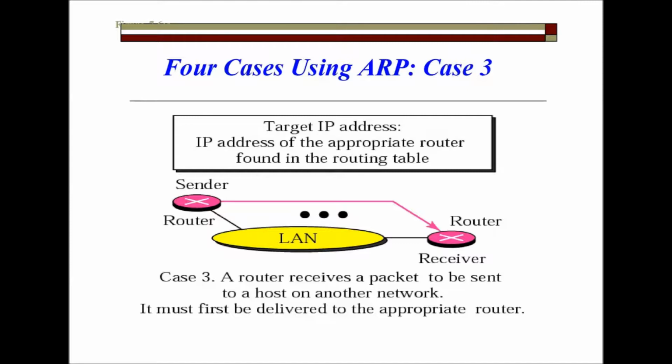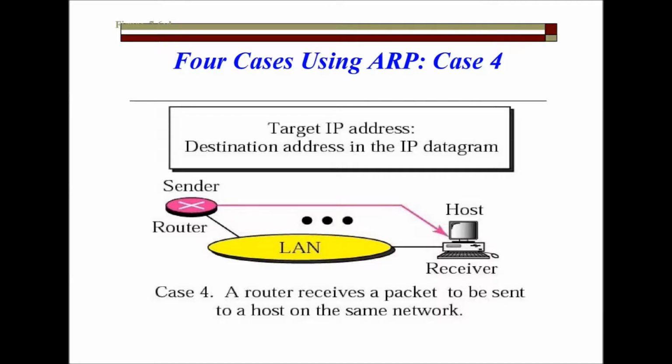So the router is an intermediate device which will forward our packet to the next router, and ultimately to the destination device. In this case, these two routers will exchange information to get appropriate addresses for successful data transmission.